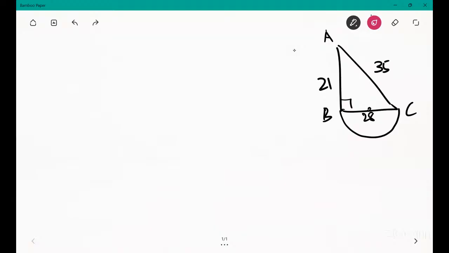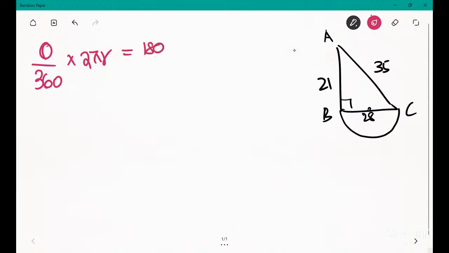So the first thing that we do is find the perimeter of the semicircle. So that's theta over 360 into 2 pi r. So that's going to be 180 over 360 into 2 into 22 over 7 into r. Here it is 28, but this is the diameter. So radius is half of that.